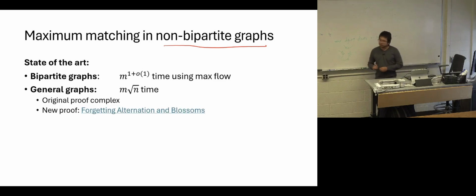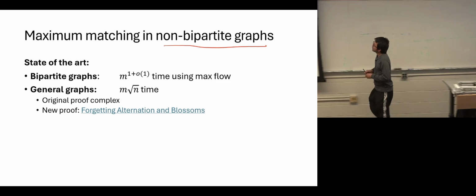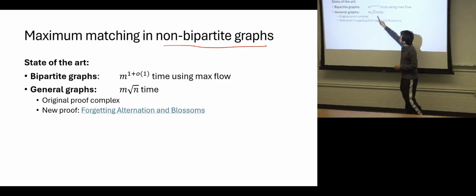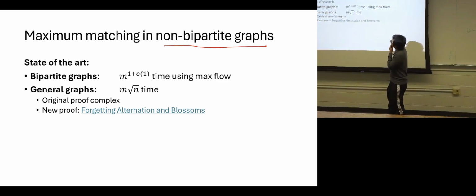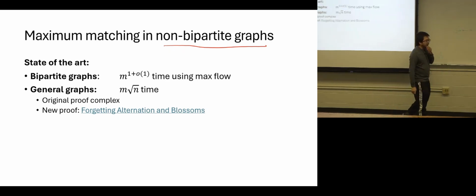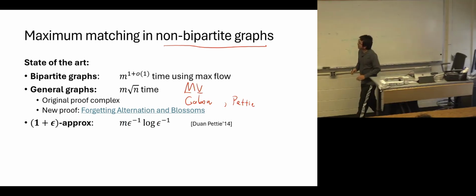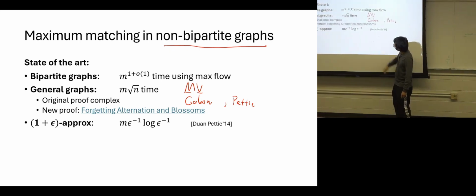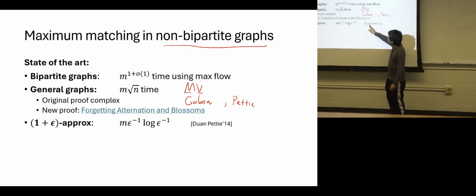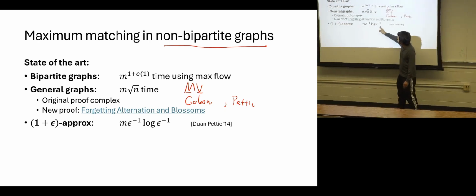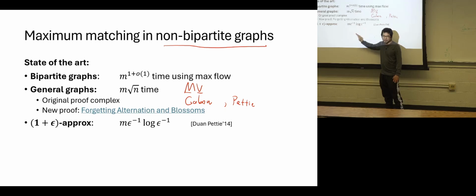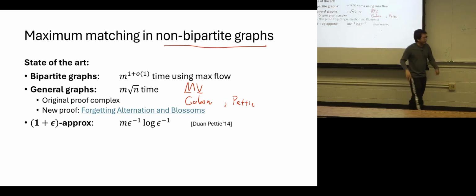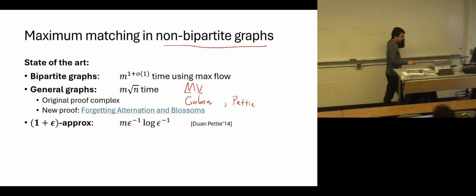But on general graphs, the best bound is still m root n. This is a famous result by Micali and Vazirani. Anyway, if you allow approximation, Seth and Runzhuan, who is the first student of Seth and now a professor at Tsinghua University, get this running time, which is basically linear time when epsilon is constant. So great result.